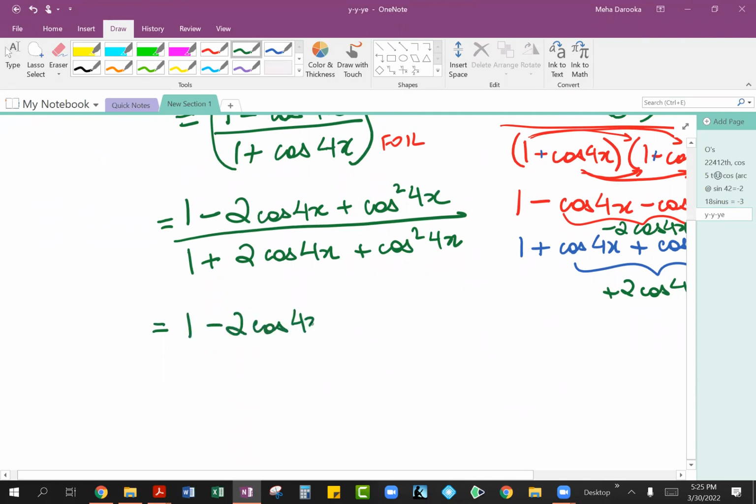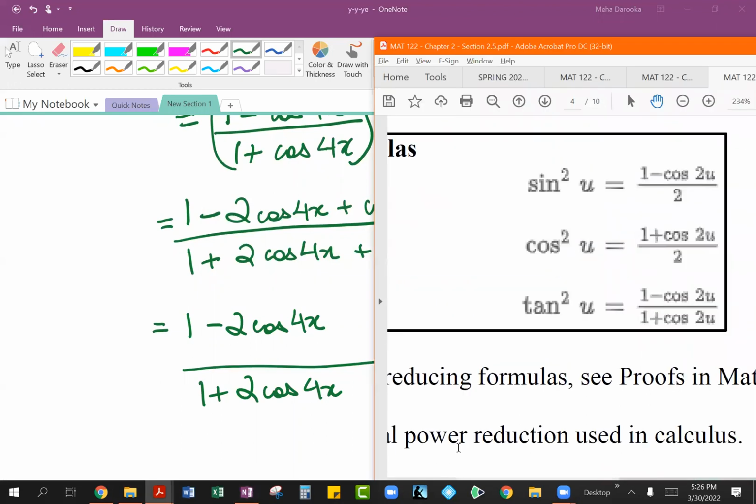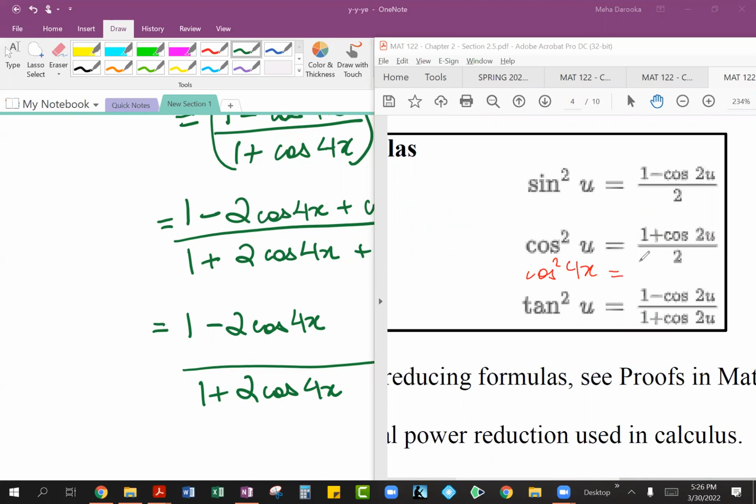These guys will stay the same. And then for the cosine square of 4x, we will need to use the power reducing formula again, which is going to be this guy here. So we have cosine squared of 4x, which will translate into 1 plus cosine of, let's see, 4 times 2, because again, you have a 4 here, so you will multiply by a 4 here.